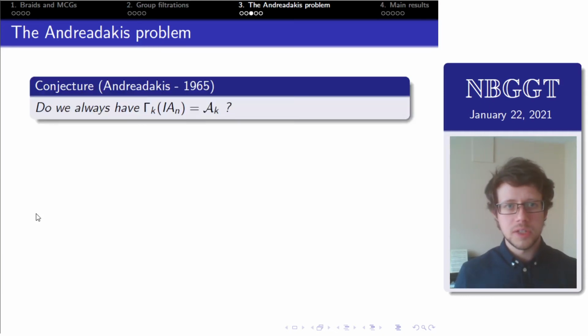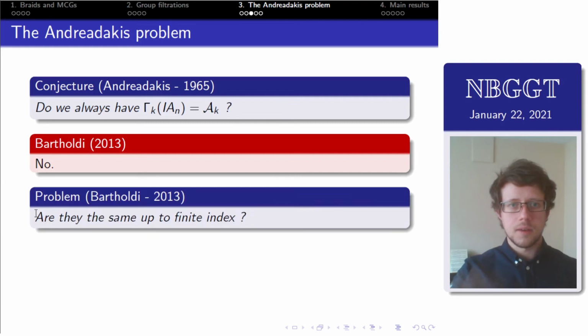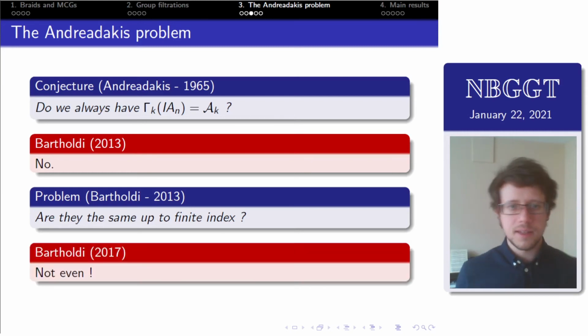It was originally thought that these inclusions would be equalities, but more than 50 years later, there was an answer by Bartholdi claiming that he had a counterexample, but he still thought that they would be the same up to finite index. And the fact is that not even that is true.